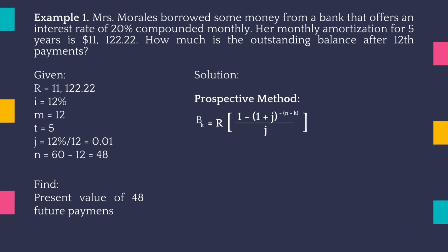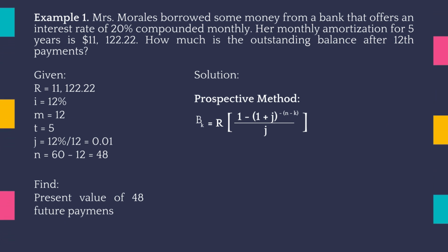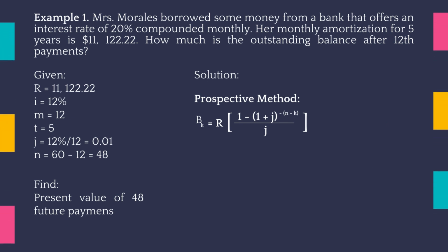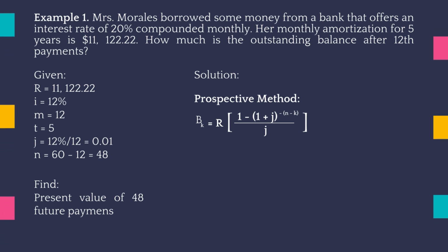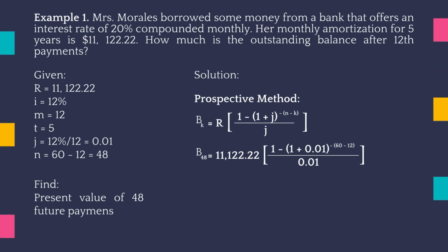So this is the formula for the prospective method. B is equal to R times 1 minus 1 plus J to the power of negative N minus K, all over J. So next step is to plug in.